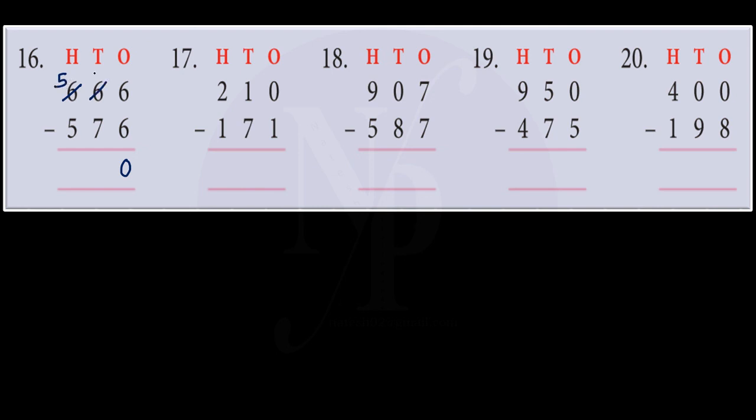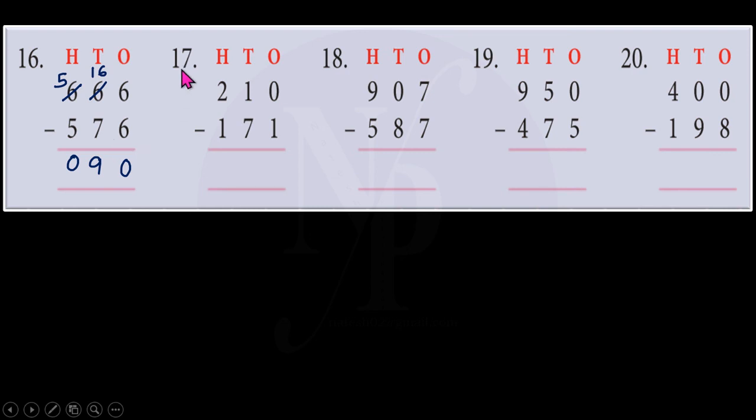Now this becomes 16 tens. Subtracting 7 tens from 16 tens, we get 9 tens. And subtracting 500s from 500s, we get 0. Therefore, 90 is the difference of 666 and 576.